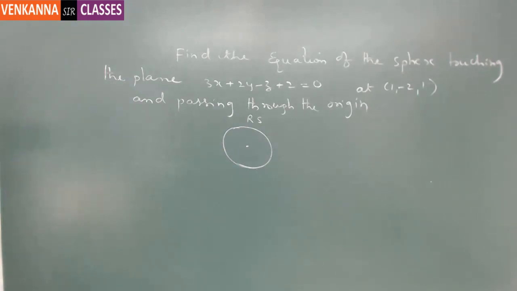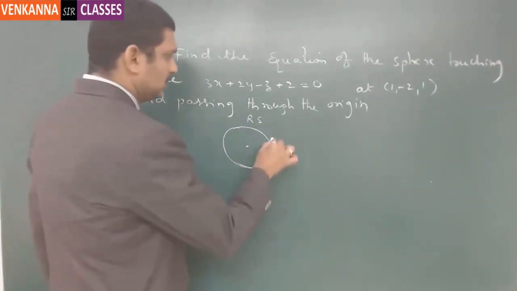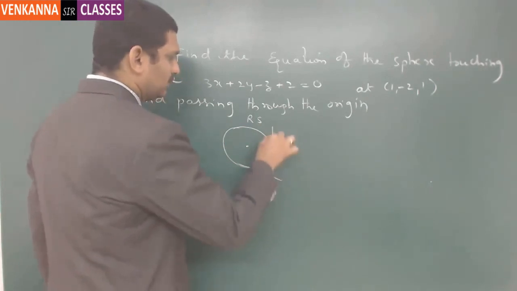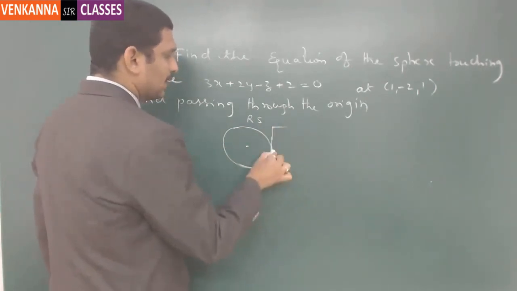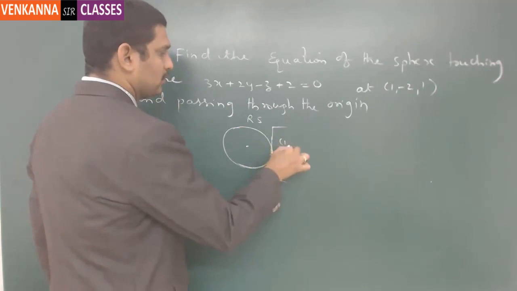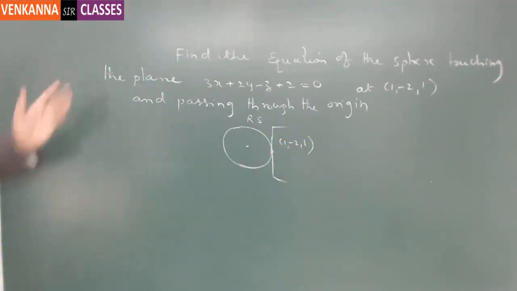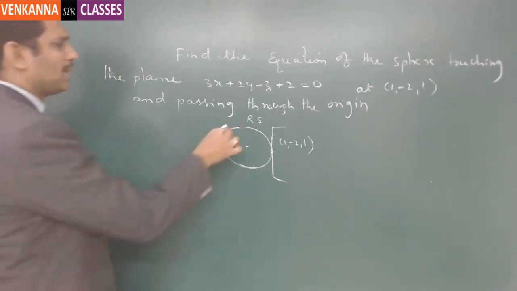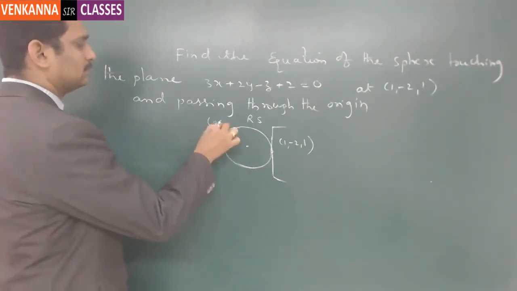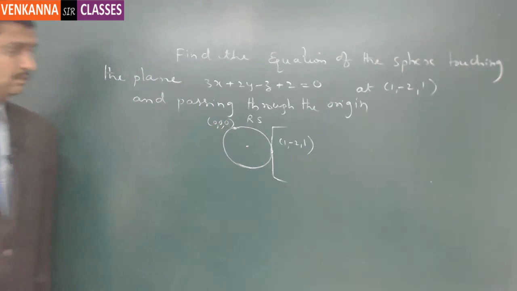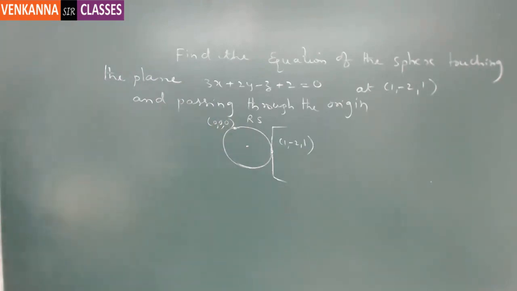As per the problem, the sphere touches the plane, say this is the plane given, at the point (1, -2, 1), and the other condition here is it passes through origin. Now how to evaluate that?